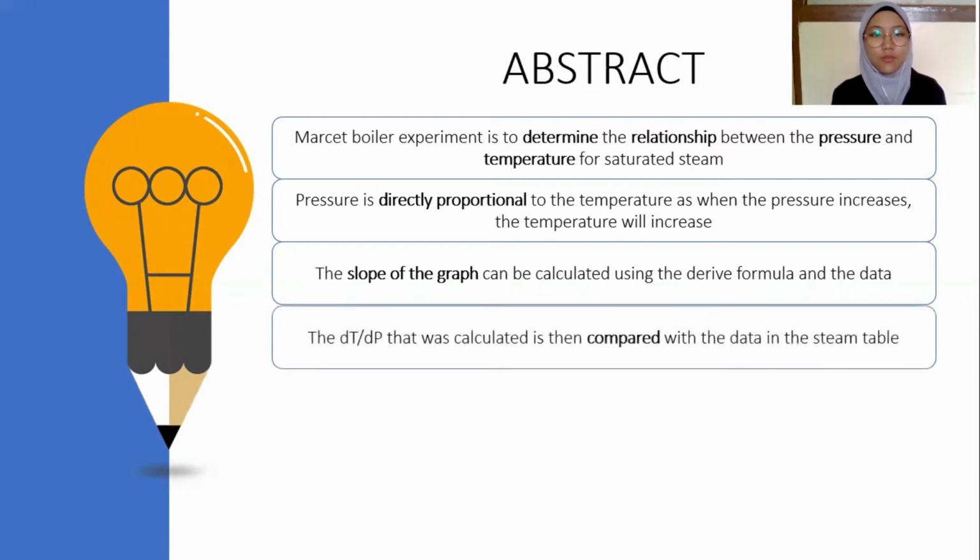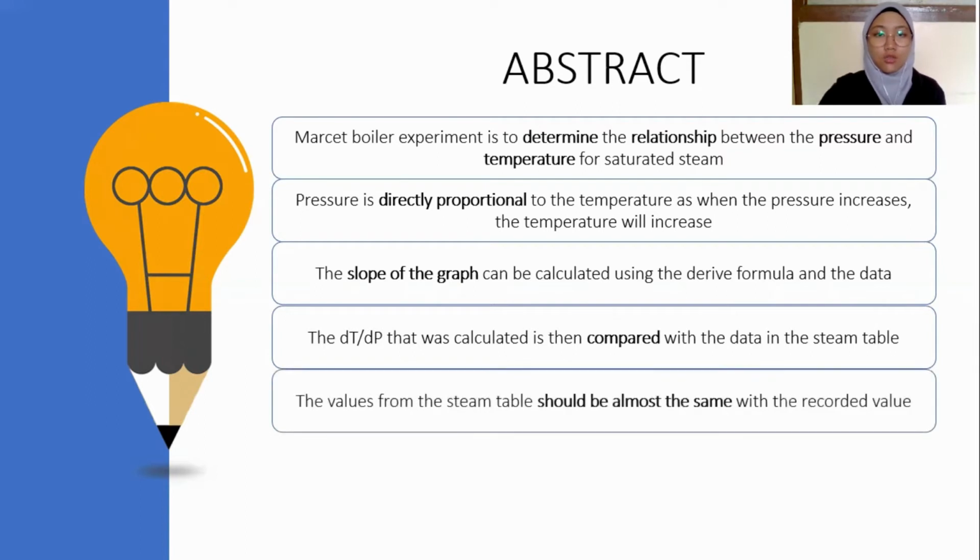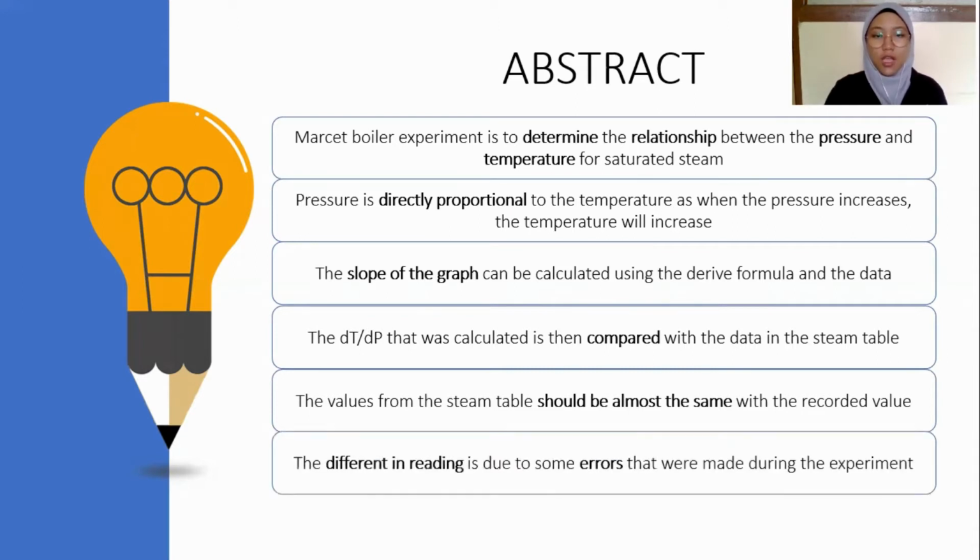The dT over dP calculated is then compared with the actual data in the steam table. The data in the steam table and the recorded values should be almost the same. If there is any difference in reading, it is due to some error that was made during this experiment.